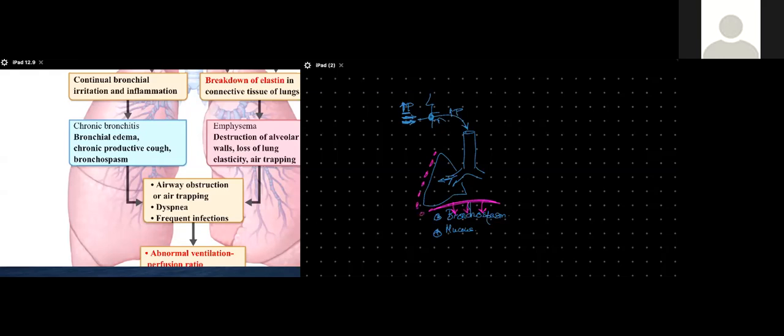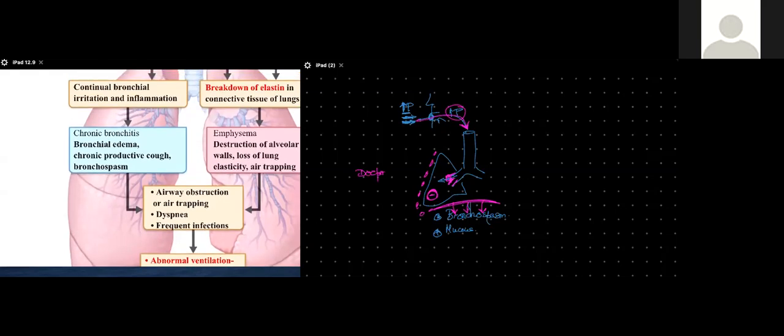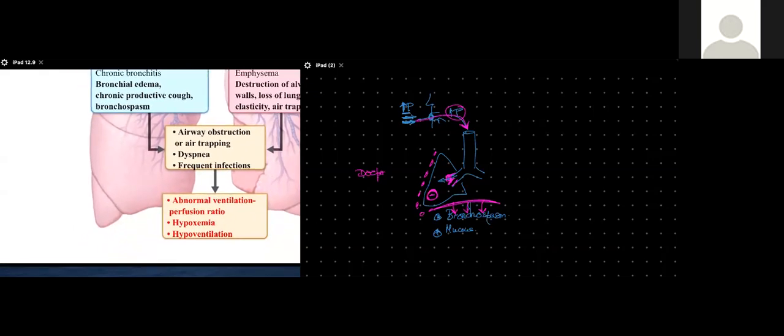So he's going to be trying to breathe deeper in order to create a more negative pressure inside his lungs to pull the air in at a higher pressure in order for him to overcome the obstruction of the airways. So patients here will have air hunger, shortness of breath.